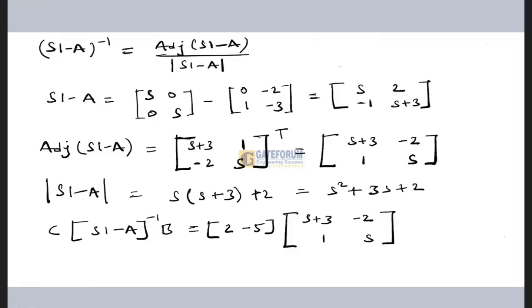And you can divide this entire thing by s square plus 3s plus 2.